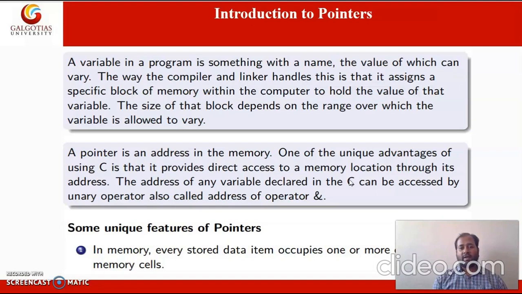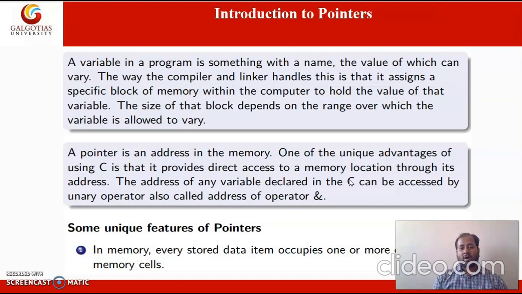All the variables that we have in the program are used to store some values, and those values can be accessed by using the variable name, and each variable has its own address in memory.